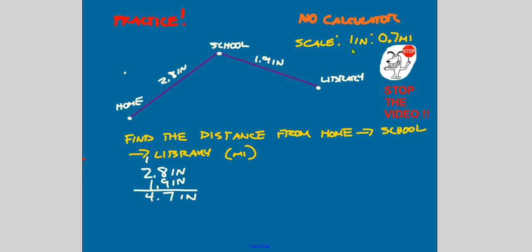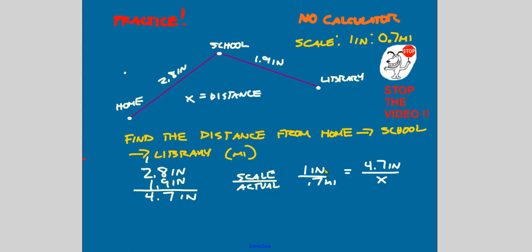Okay, the scale is 1 inch to 0.7 miles actual, so I'm going to write scale to actual. I'm going to put my scale first. So I go 1 inch is to 0.7 miles as 4.7 inches is to, we'll call this x, which is the distance.